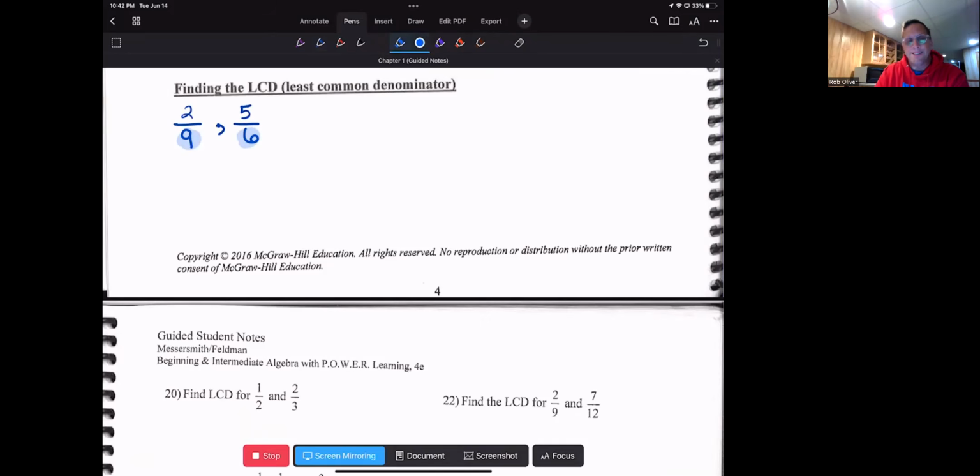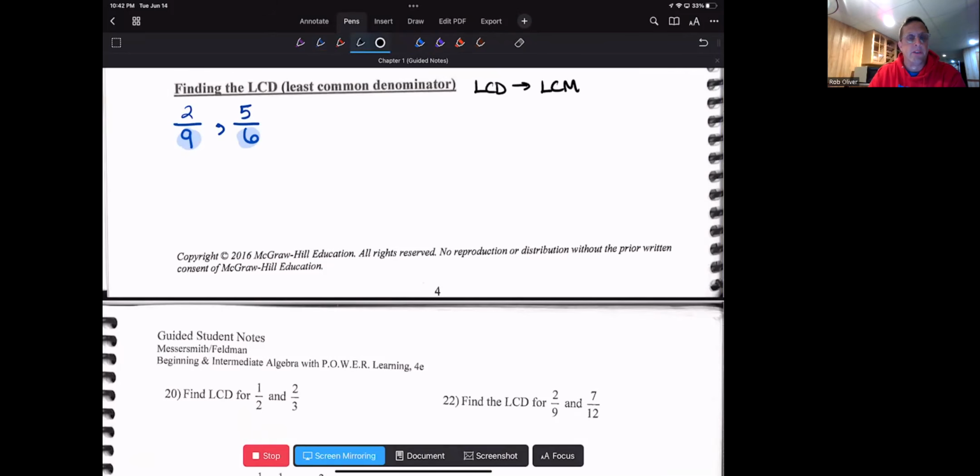Now LCD is really almost the same as LCM. I mean, it's the same process. You're finding the least common multiple of the denominators. That's what you're doing.